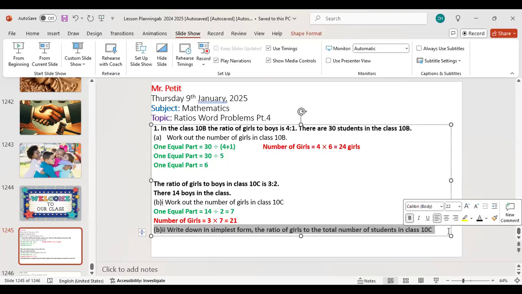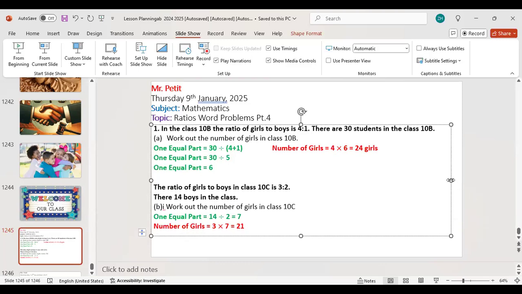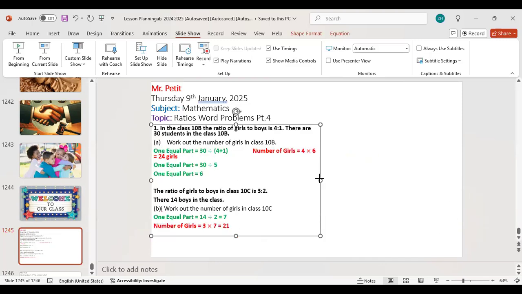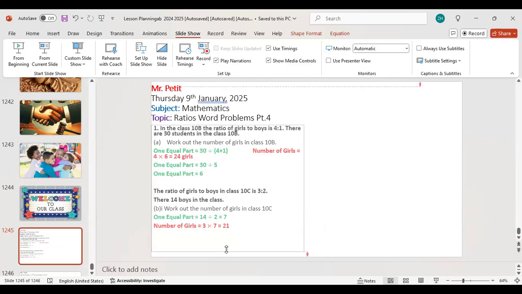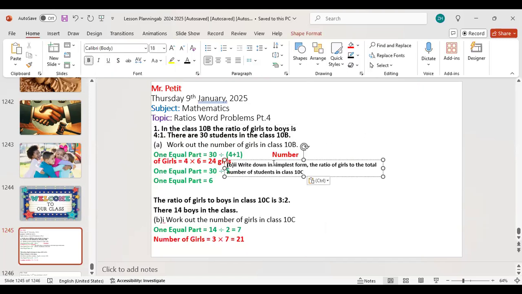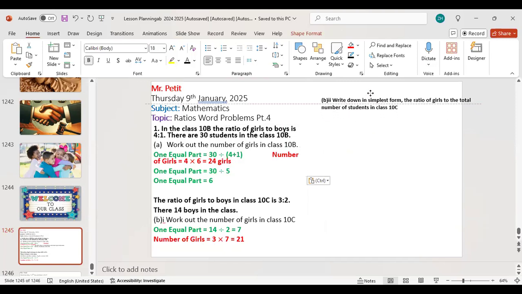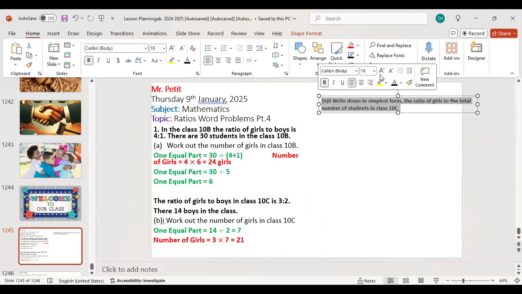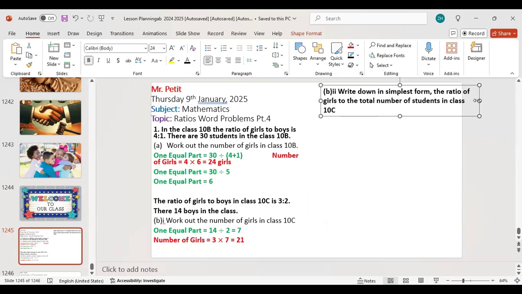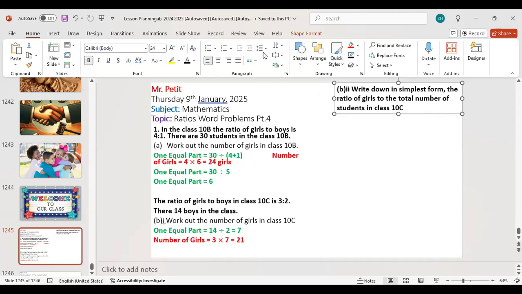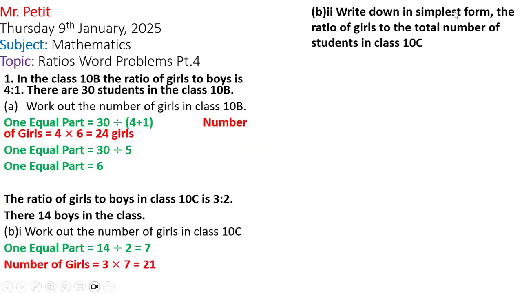They want us to write it in simplest form, which means that we have to simplify it, right? You have to scale it down.